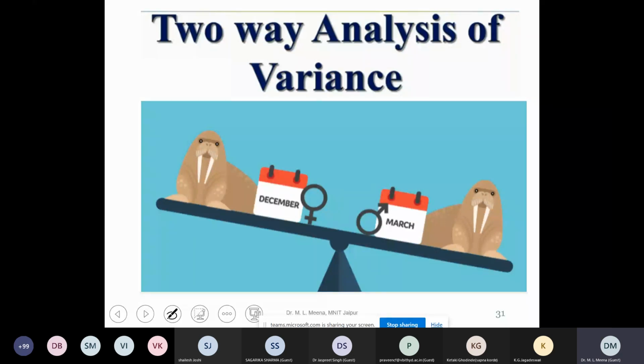So thinking again of our walruses, researchers might use a two-way ANOVA if their question is, are walruses heavier in early or late mating season, and does it depend on the gender of the walrus?